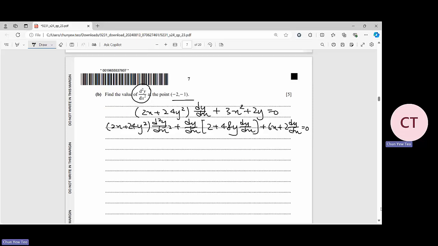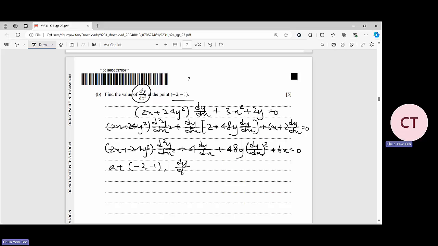Okay, so over here, we can try to simplify them, but I don't think I want to simplify them again. Okay, but maybe we can simplify it. So if we simplify it, we have a 4 dy/dx here plus the 48y (dy/dx) squared plus the 6x equal to 0. Now we just substitute at the point -1 and -2.